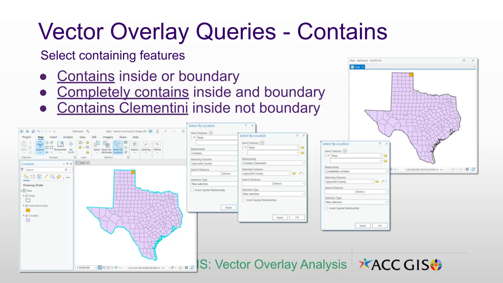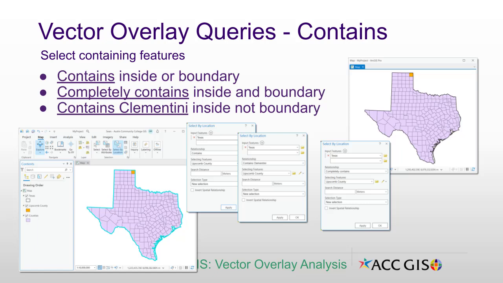And in this case, Texas gets selected both times because in the first example, Texas contains both the inside or boundary of Lipscomb County. And in the second example, the inside of Texas contains the inside of Lipscomb County, but the boundary of Texas does not contain the boundary of Lipscomb County, but it is still selected because it contains Clementini, it's inside, not boundary.